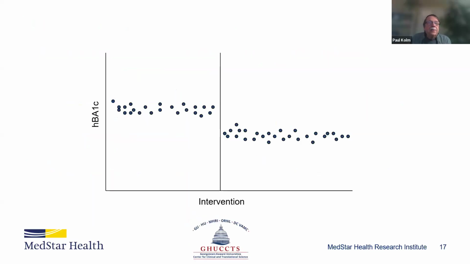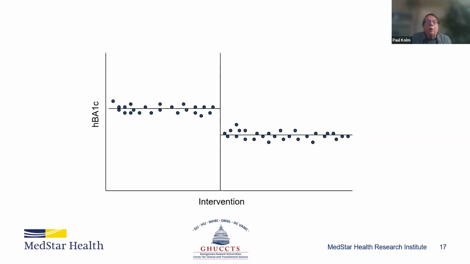Here's an example of what we're talking about. Here we have A1C values before some intervention, and A1C values after some intervention. We can get a trend line both before and after. We can see that the trend is really flat.